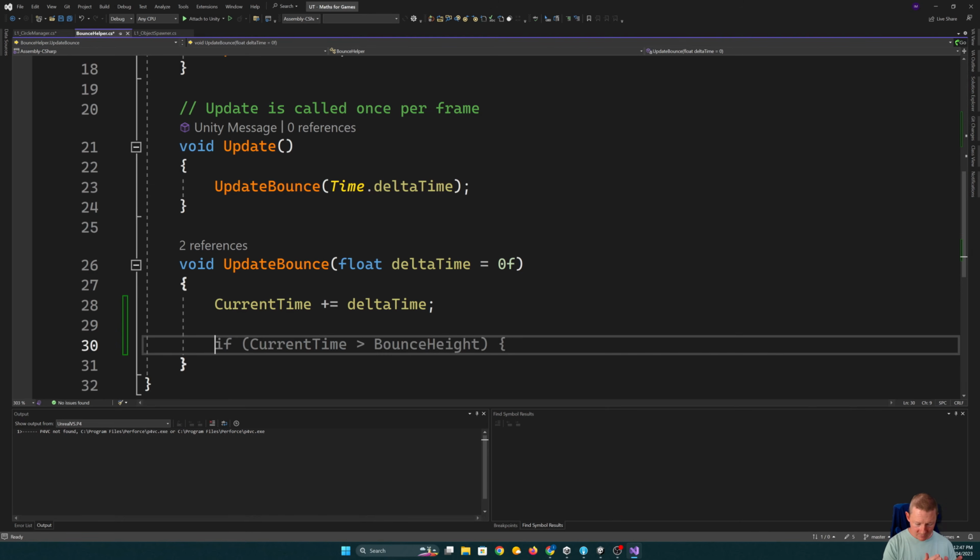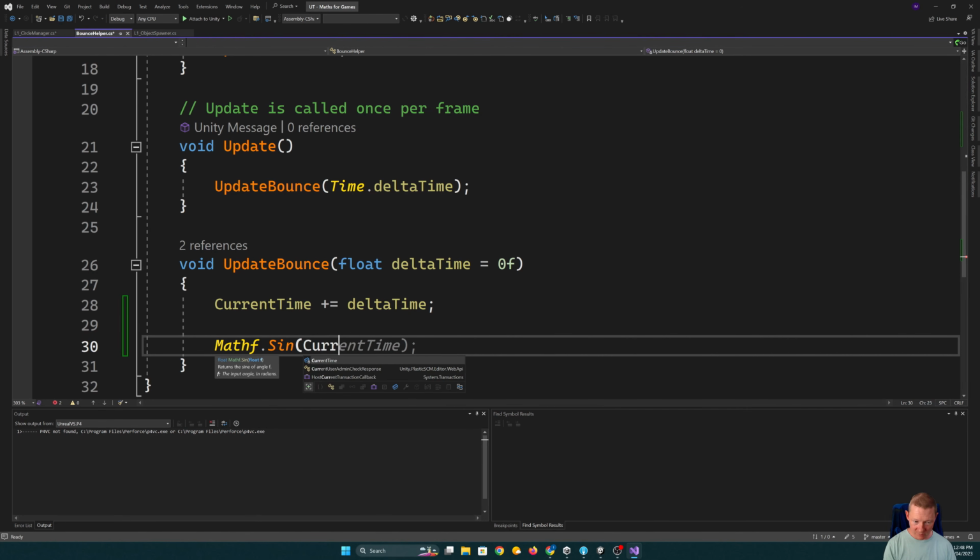So, okay, we want something to be doing that bouncing. First thing I need to do is work out where we're at in that curve. So what I would do is take our current time. Now I want it to be that it takes 1 second to complete a single cycle by default. So we know that sine and cosine repeat over 360 degrees or 2 pi.